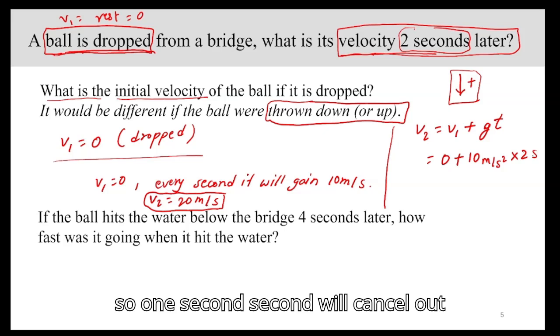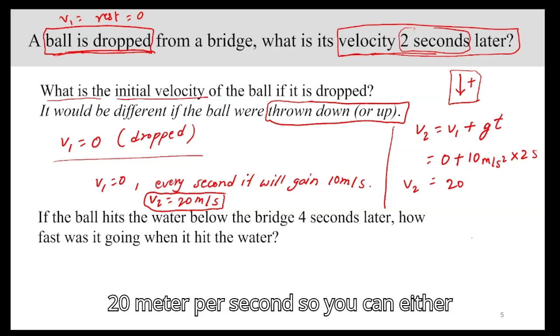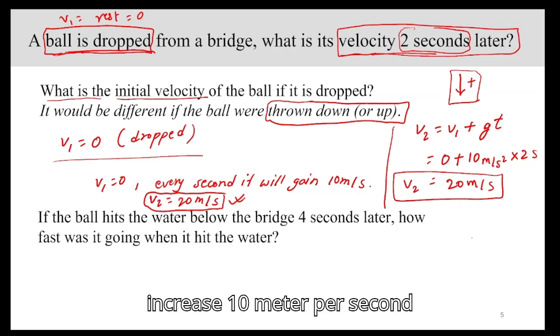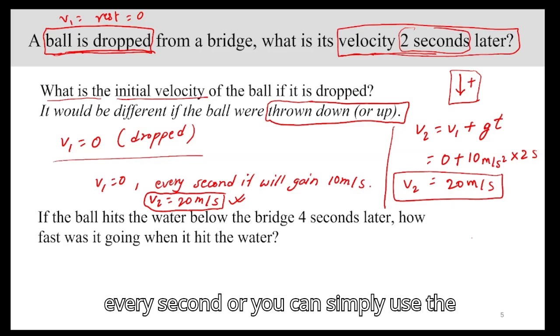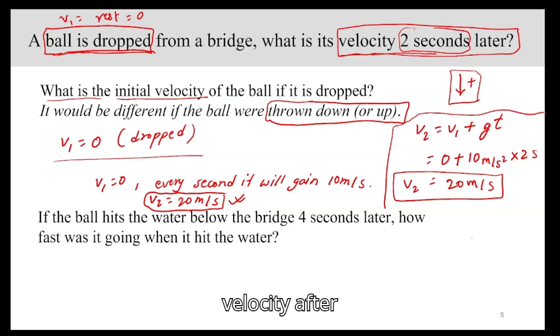So 1 second will cancel out, and our velocity will be 20 meters per second. So you can either use your intuition and increase 10 meters per second every second, or you can simply use the final velocity formula and calculate your velocity after some interval of time.